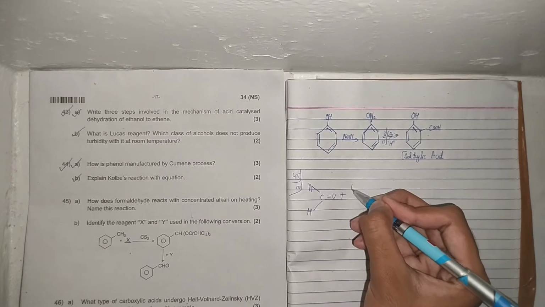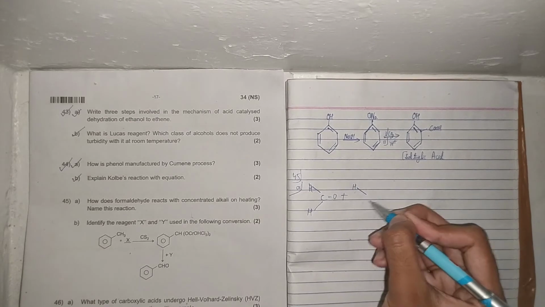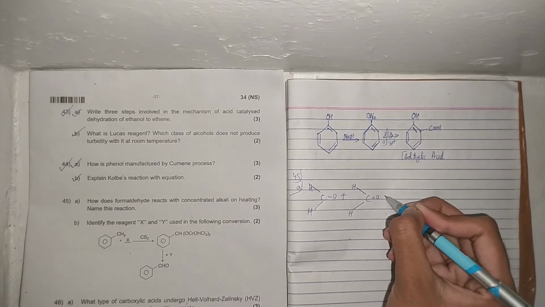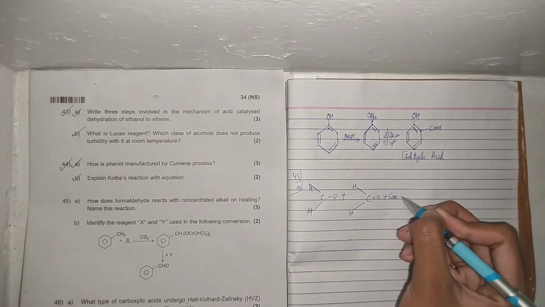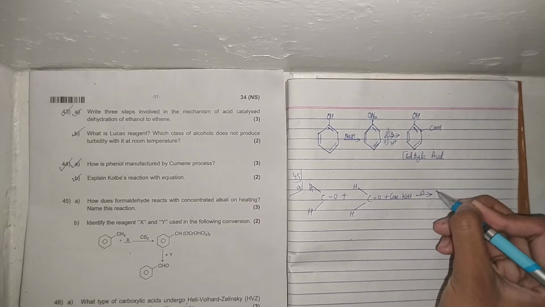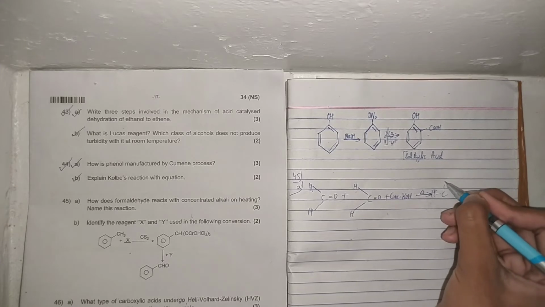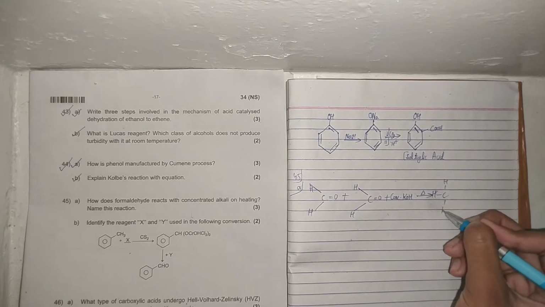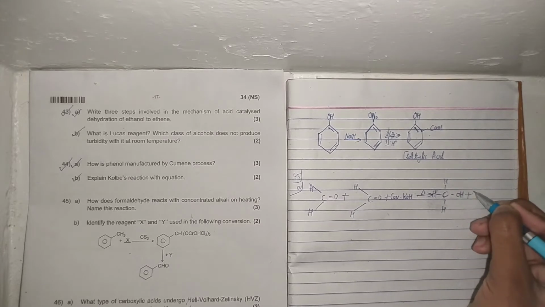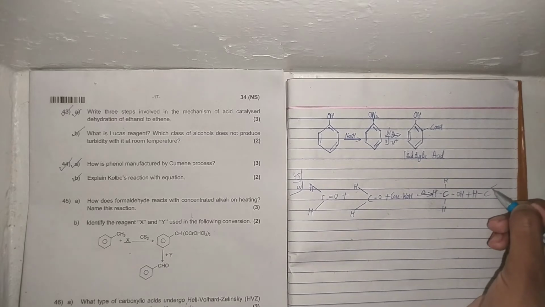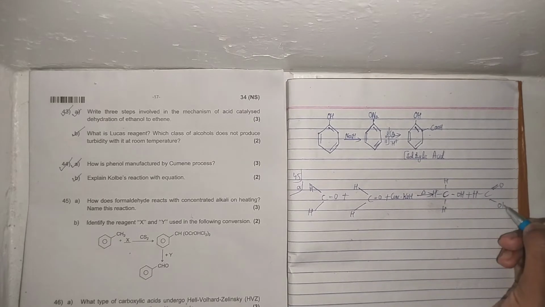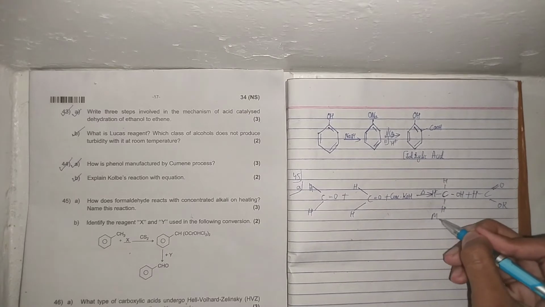plus H C double bond O H plus concentrated KOH gives, on heating, H C H H OH plus H C double bond O. Okay, this is methanol.